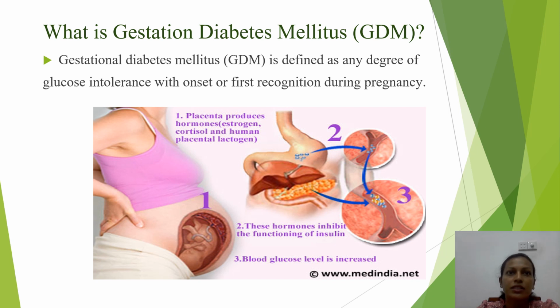Now you can see this diagram. It shows how the glucose level is increased. First, the placenta produces hormones: estrogen, cortisol, and human placental lactogen. These hormones inhibit the functioning of insulin.